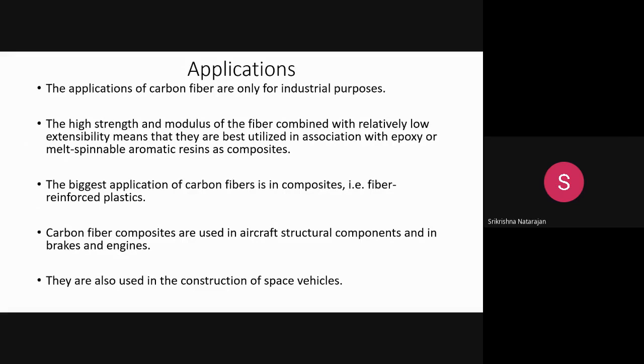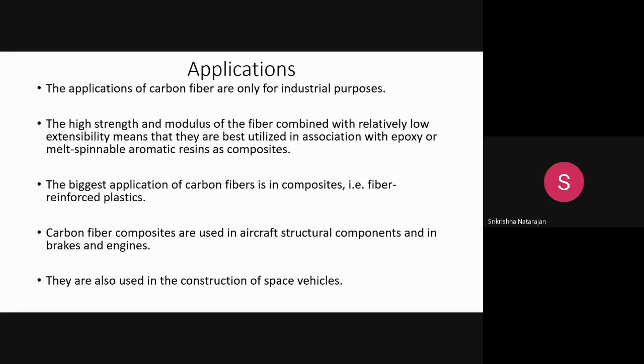So what we do is use this as a reinforcing material in the manufacturing of composites. Here in the second point, you can take a binder, a matrix material, which is a type of resin, like an epoxy or any kind of resin, and then combine this with the carbon fiber to make a composite.